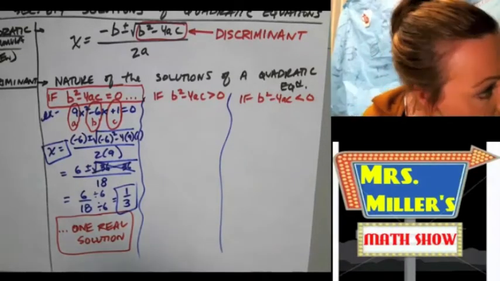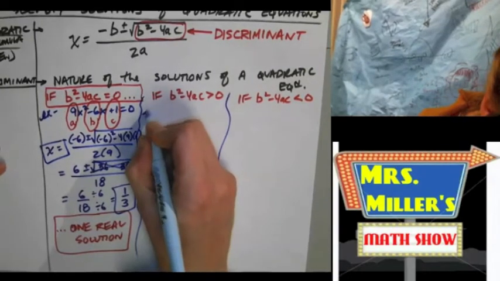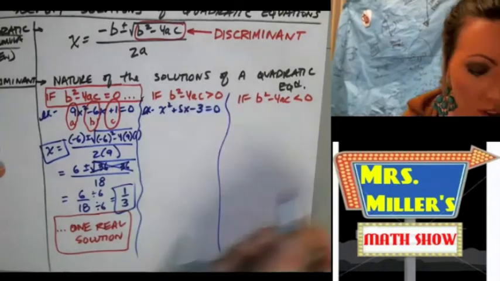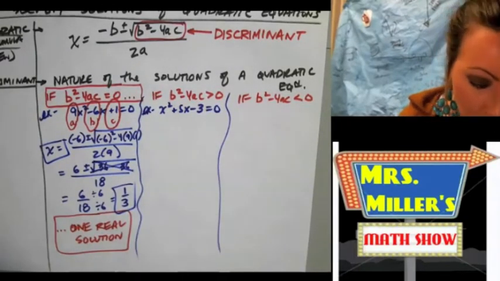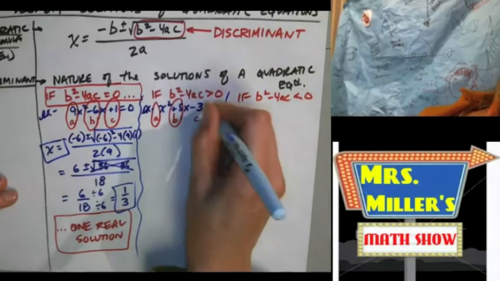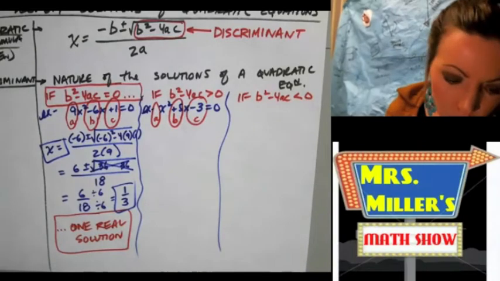An example of that would be x squared plus 5x minus 3 equals 0. Okay, so again, we have our a, b, and c here, and we plug these into the quadratic formula.